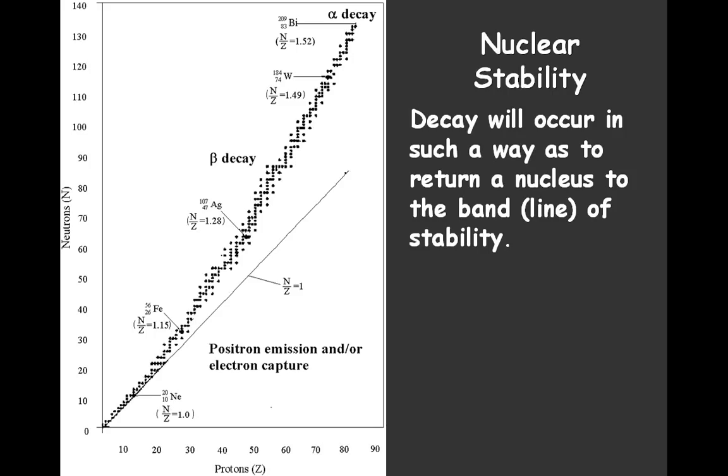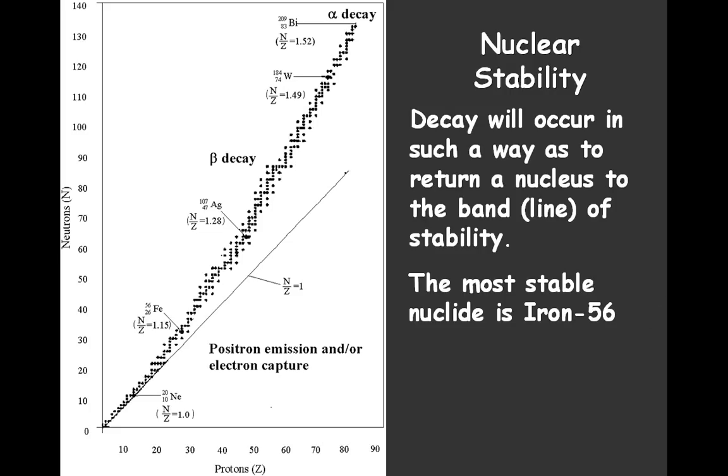Notice the y-axis is the number of neutrons and the x-axis is the number of protons. There's a certain ratio of those two that is more stable, and the ratio is basically a 1-to-1 ratio between the two. So elements will typically decay to try to get close to this 1 neutron for every 1 proton line of stability.